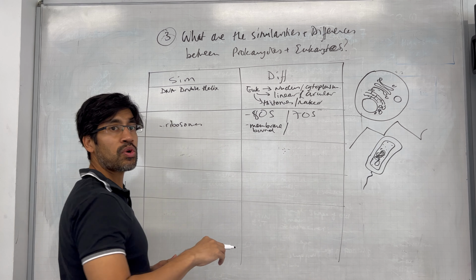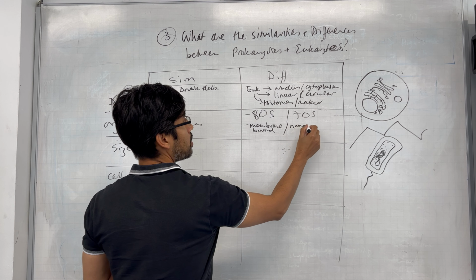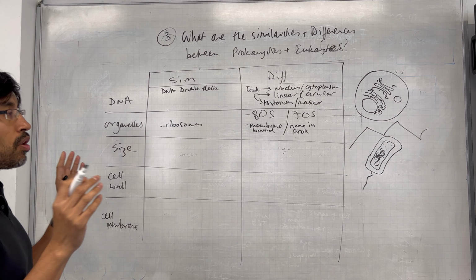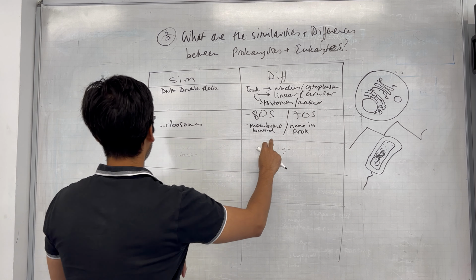There are no membrane-bound organelles in the cytoplasm of a prokaryotic cell. None in prokaryotes. So that's a lot of differences summarized, so just be wary of that.